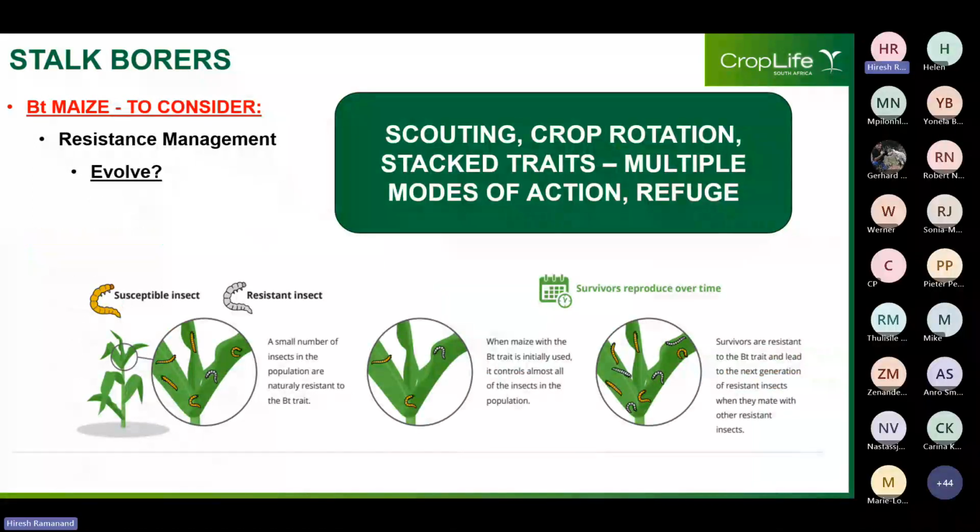A small number of insects in the population are naturally resistant to the Bt trait. When maize with the Bt trait is initially used, it controls almost all of the insects in the population. Survivors are resistant to the Bt trait and lead to the next generation of resistant insects when they mate with other resistant insects.